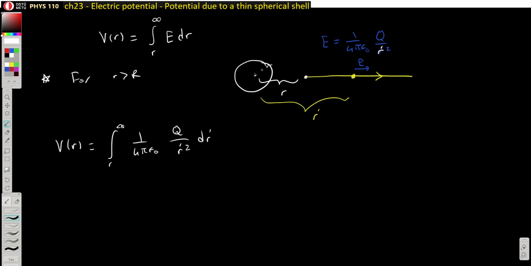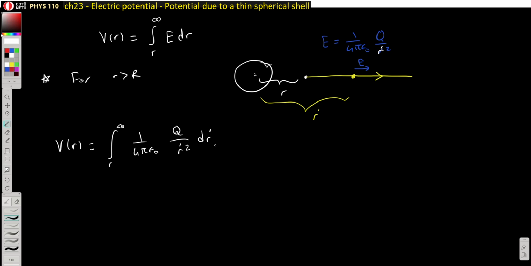I'm talking about a point at a distance r. That's a quantity defined at the beginning of the problem. It's not a variable, but I also need a variable that represents the position on that path. As a result, I'm using a different name in here.